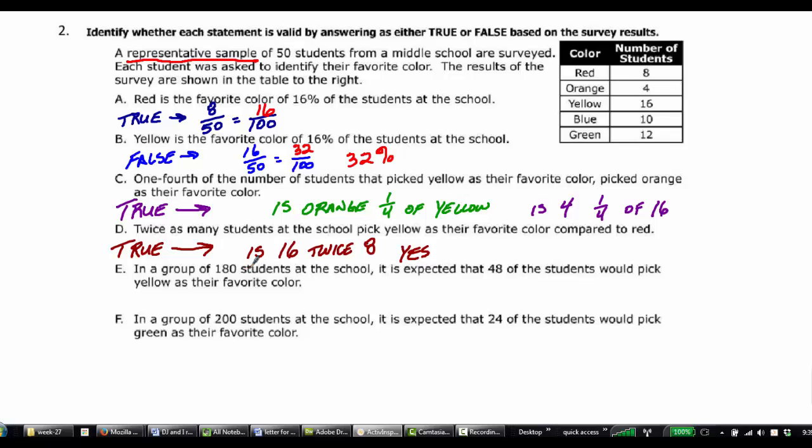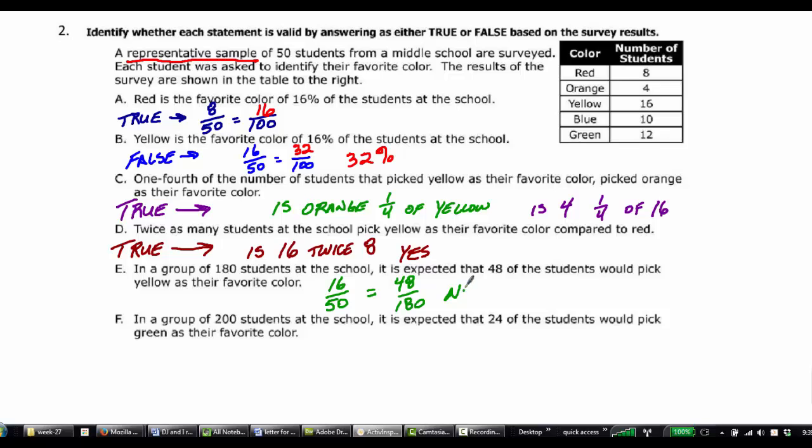In a group of 180 students, it's expected 48 would pick yellow. So we need to figure out if yellow was the selection of 16 out of 50, would that equal 48 out of 180?